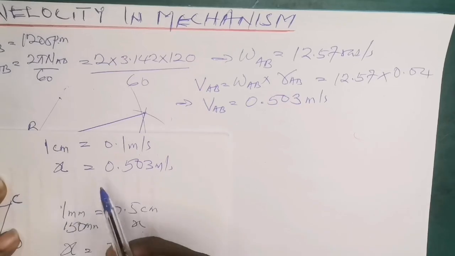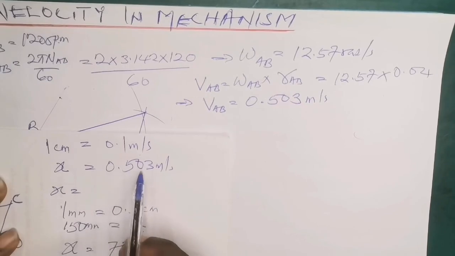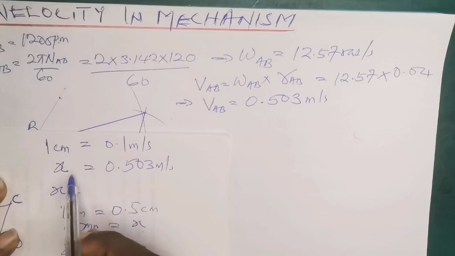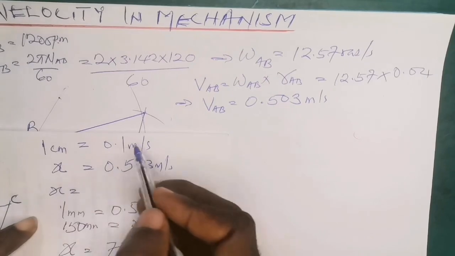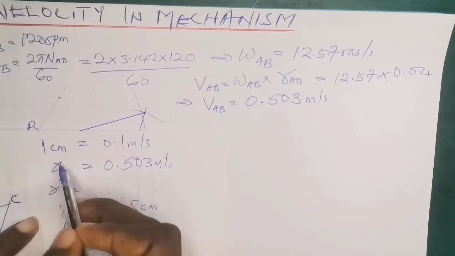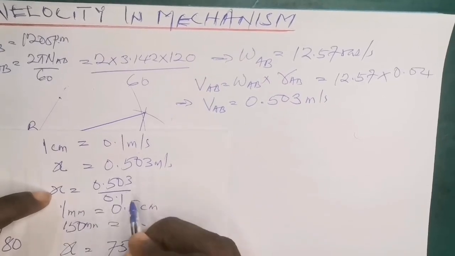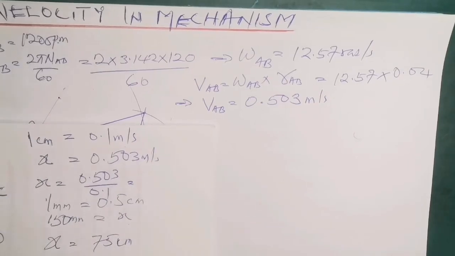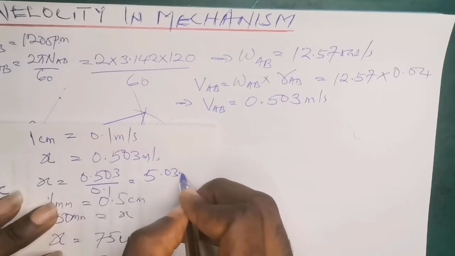If you cross multiply, you find that 0.1 x equals 0.503 multiplied by 1. So in order to make x the subject, you divide 0.503 by 0.1, and that simply gives us 5.03.